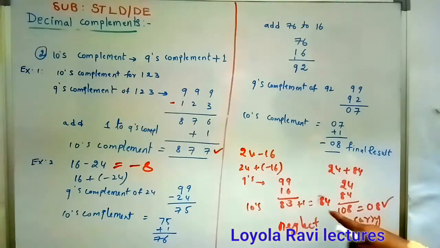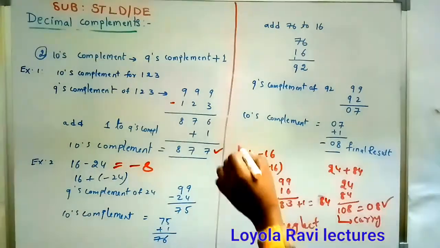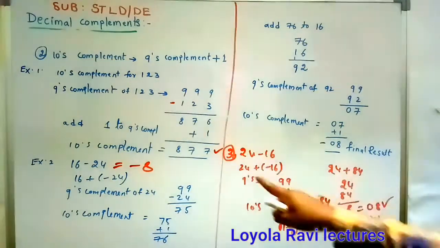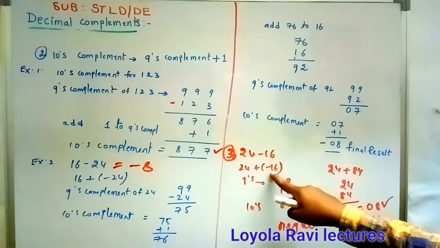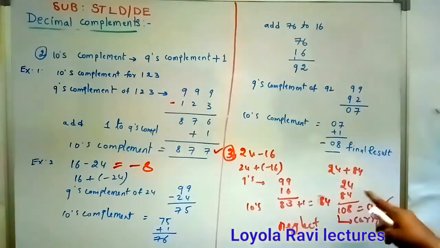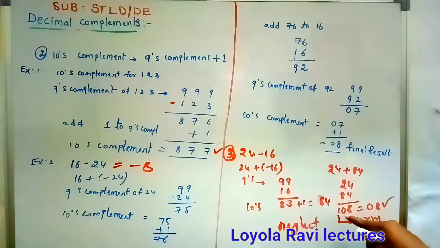In this example, 24 minus 16, 24 plus of minus 16, I am finding the 9's complement for 16, that is 83, and the 10's complement is 83 plus 1, 84. I am adding this 84 to the 24. I am getting 108.